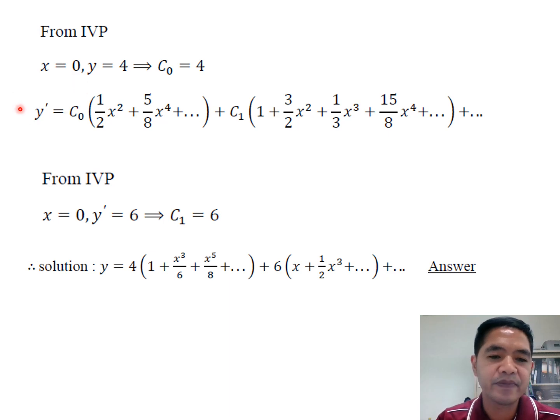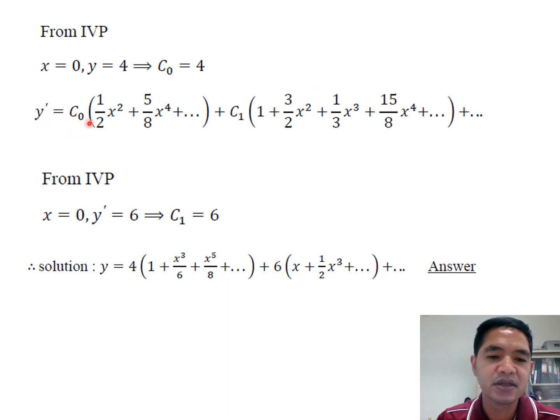But we also have the first derivative, which is equal to 6 when x equal to 0. When you take the first derivative of the general solution of y, you get this form.